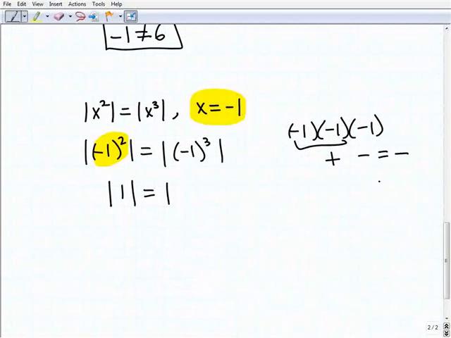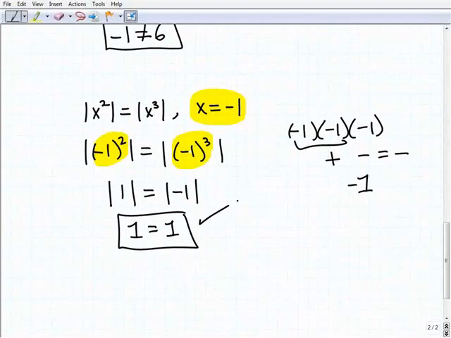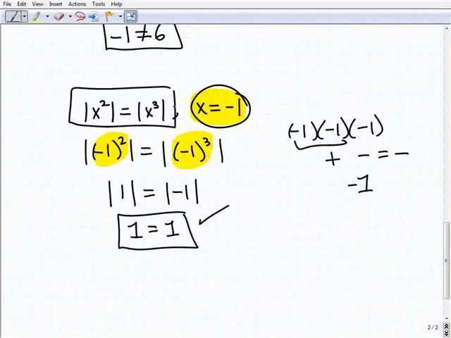So -1 times -1 times -1 is going to be equal to -1. So (-1) cubed is the same thing as -1. So the absolute value of 1 is 1, and the absolute value of -1 is also 1. Okay, so 1 equals 1, therefore that's a true statement. So we have x equals -1 as being a solution to this equation.